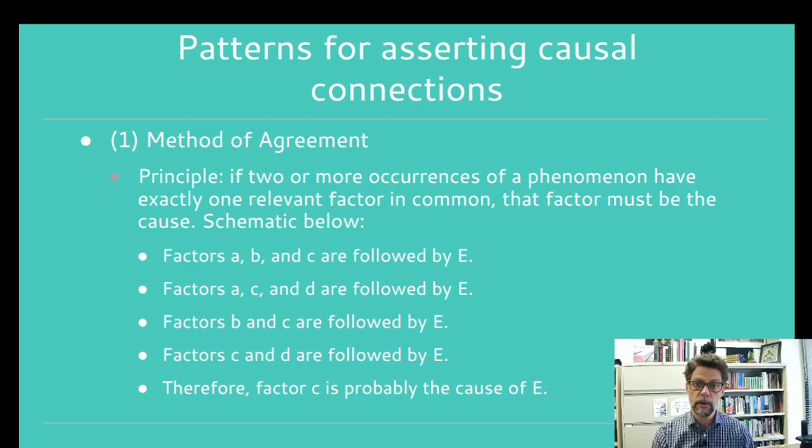This is the method of agreement. And the principle is pretty basic. If 2 or more occurrences of a phenomenon have exactly one relevant factor in common, that factor probably is the cause. So, for example, the first dot might say one occurrence of a phenomenon, E. And the factors that were there that led to E were factors A, B, and C. Another occurrence of that phenomenon might have been preceded by factors A, C, and D. And maybe yet a third occurrence of that phenomenon had factors B and C present, and yet a fourth occurrence of that phenomenon had factors C and D. Well, is there any one factor that's common to all 4 occurrences of that phenomenon?